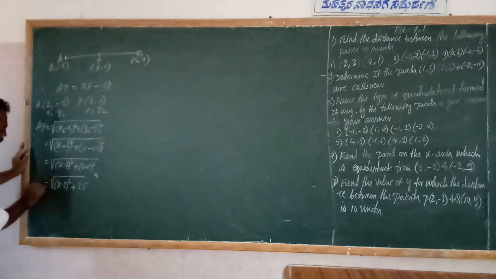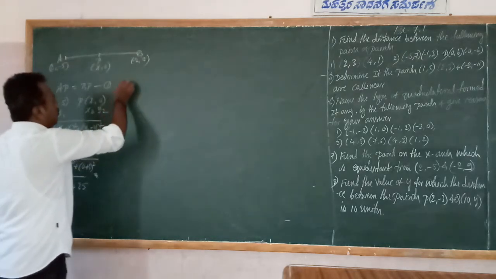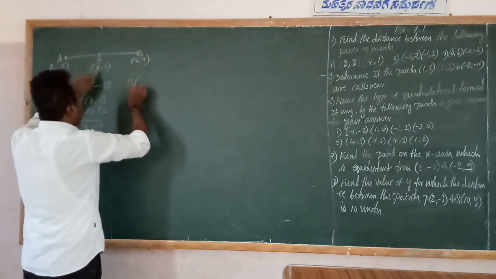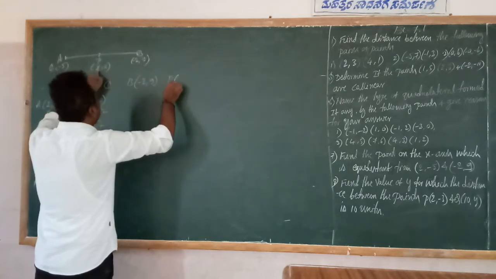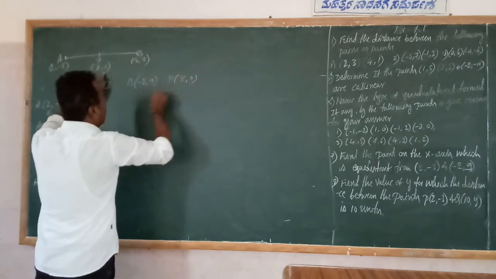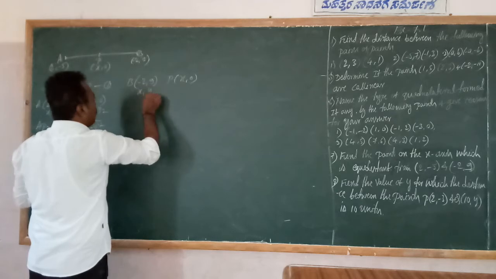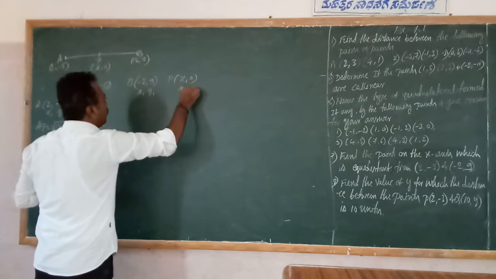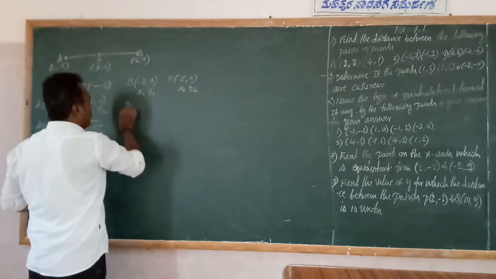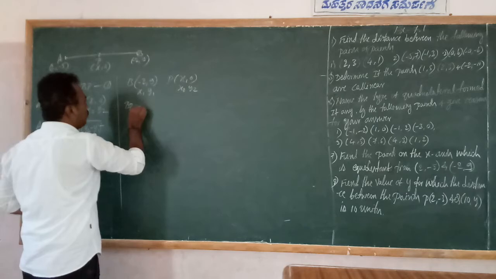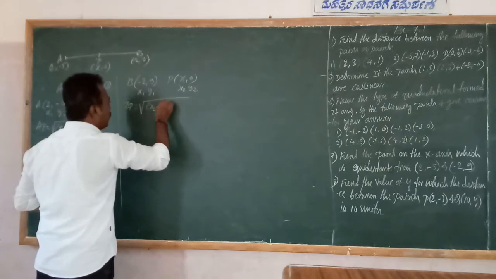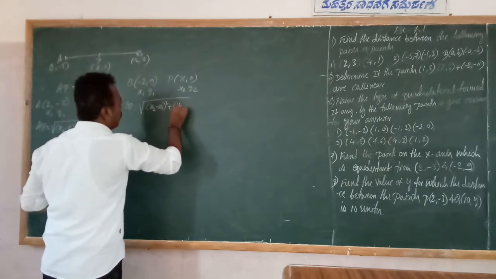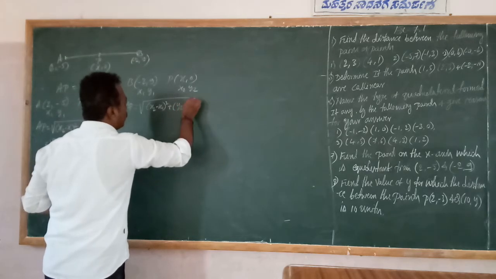So this is the AP length. Next, the BP length. The points are B (-2, 9) and P (x, 0). This is x1, y1 and this is x2, y2. Then the length of BP is again the formula: square root of (x2 minus x1) whole square plus (y2 minus y1) whole square.